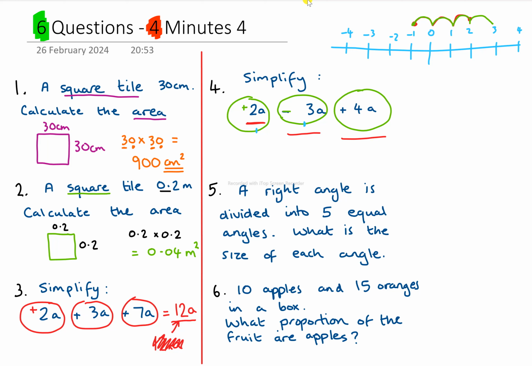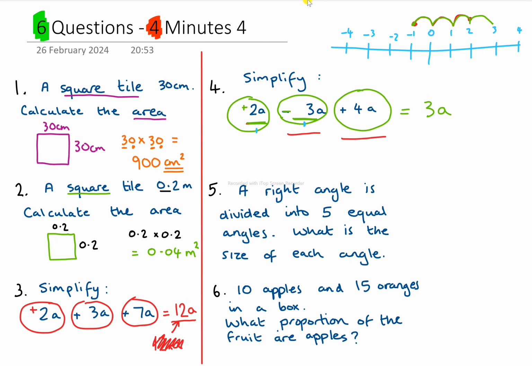Right, so I end up on, what do I end up on? 3a. So remember, 2 take away 3 is minus 1, negative 1. Negative 1 add 4 is positive 3, which is that. I think that's the best way to do it. Right, okay, let's move on.